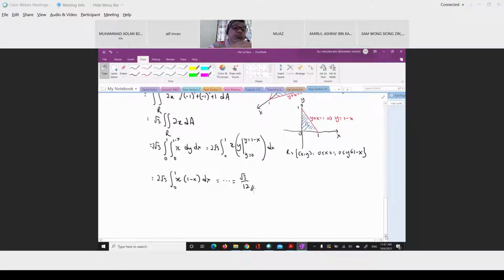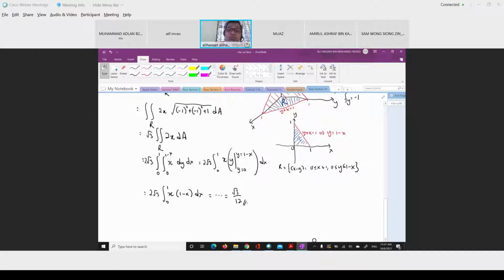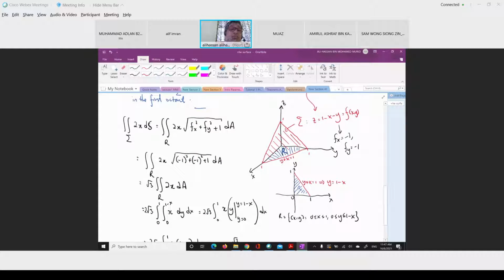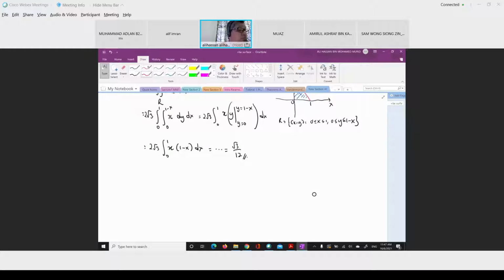Okay, let's look at another example. We have seen one example related to a cone, and one example related to this surface. Let's look at one more example, this time related to a sphere.